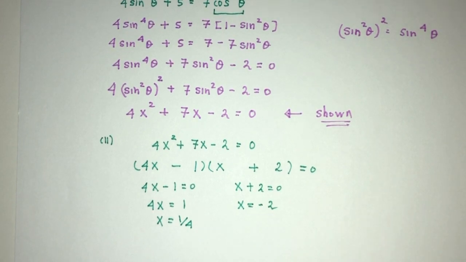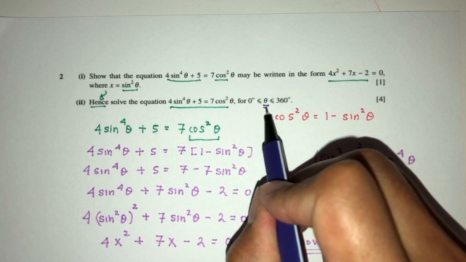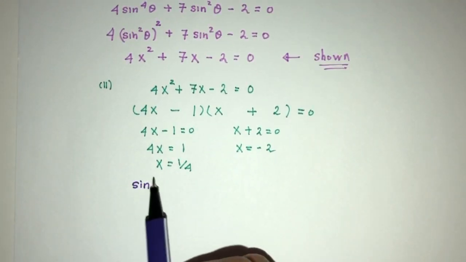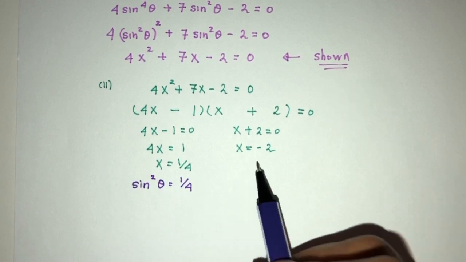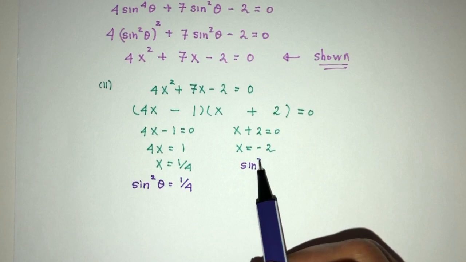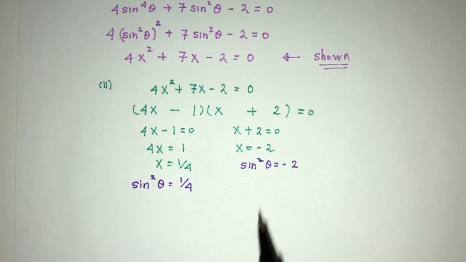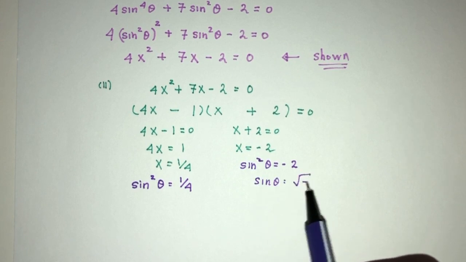Okay, great. So now we have this. Again, we're not looking for the value of x, we're trying to find the value of theta, right? Replace back. We know that sine square theta is x, so sine square theta will be 1 over 4. And here, sine square theta will be minus 2. However, here is not possible if you think, so sine theta will be the square root of minus 2.